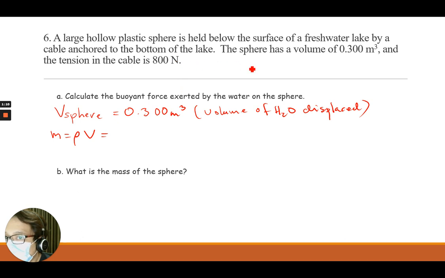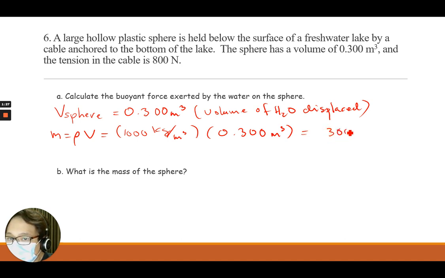We use this formula to compute the mass of the water that was displaced. You are given that the density of water is 1000 kilograms per cubic meter. Multiply this with the given volume, 0.300 cubic meter. We get 300 kilograms of water that was displaced. So from here, we can compute the buoyant force by just converting this to newtons.